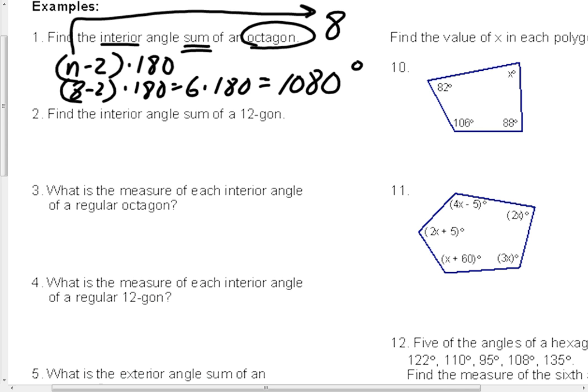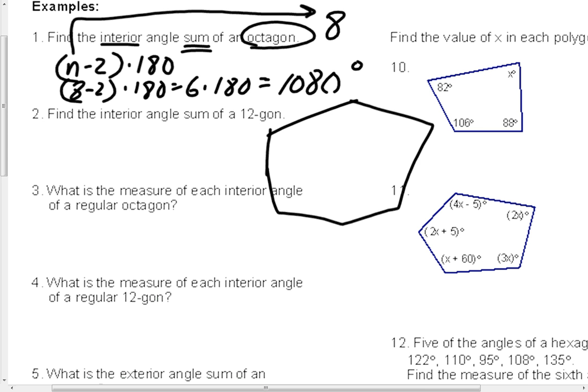Did that say anything about the figure being regular? No. So the sides of that octagon, 1, 2, 3, 4, 5, 6, 7, 8, could be any length. But everything that we're dealing with in this chapter and this year is going to be convex. What's the opposite of convex?